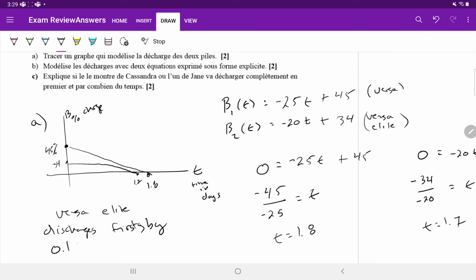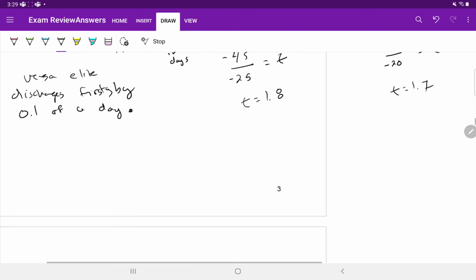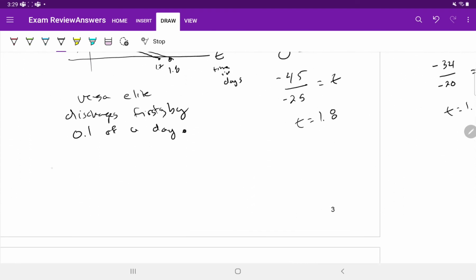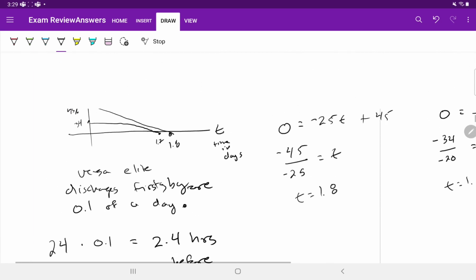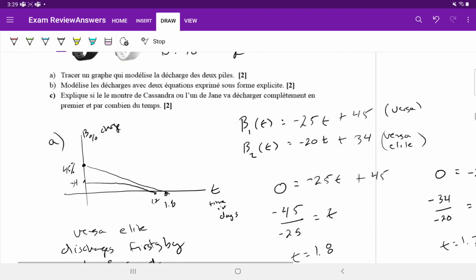By 0.1 of a day. And because we're not using metric yet for our times, what's 0.1 of a day? Well, a day is 24 hours, so 24 times 0.1 gives me 2.4. So about 2.4 hours before. So if the Versa Elite discharges at 10 o'clock, then 2.4 hours later, the Versa will also be completely emptied. So they end up emptying almost at the same time, but that's that question.